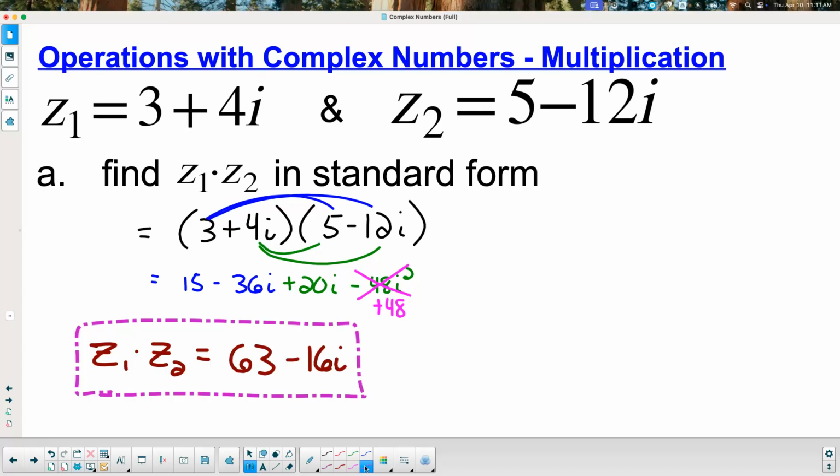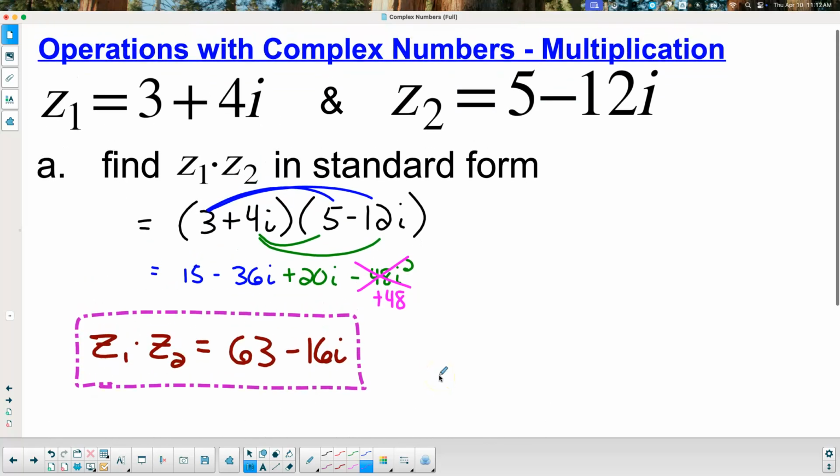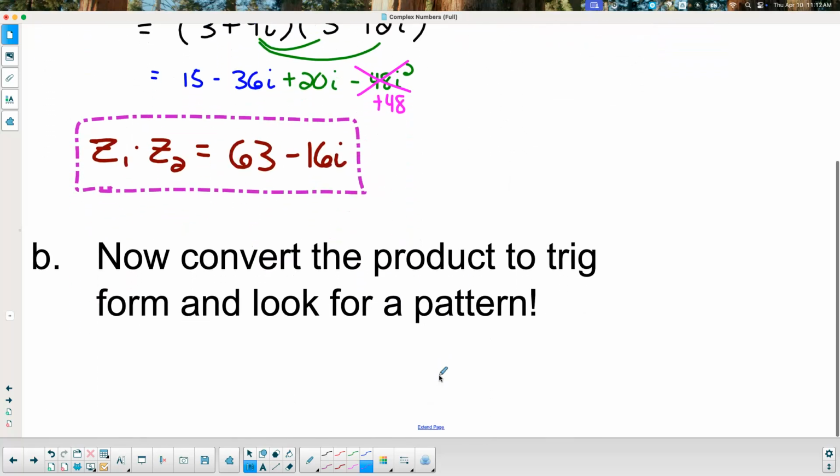Let's put that product into trig form, if you will. So first I've got to find my r.